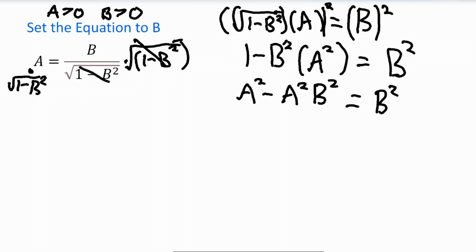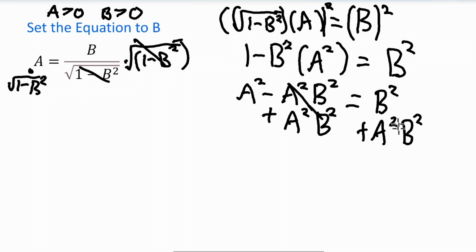We're trying to find b, so we're putting all the b's together on one side. In order to do that, let's add this whole term, remembering that this is multiplied together and has to stay together, to both sides. So it cancels out here, and it adds over here, which gives us a squared is equal to b squared plus a squared b squared.